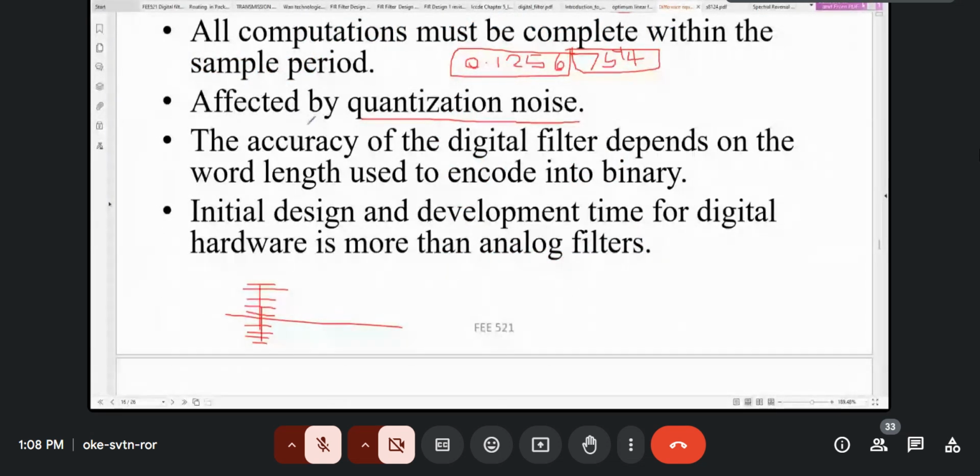Affected by quantization noise. I'm trying to think whether this one refers to the quantization noise during the sampling. After sampling, of course, that would also come in, if you sample and you quantize.